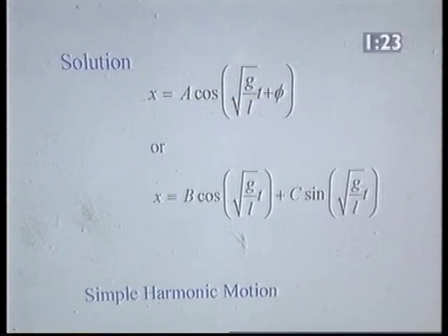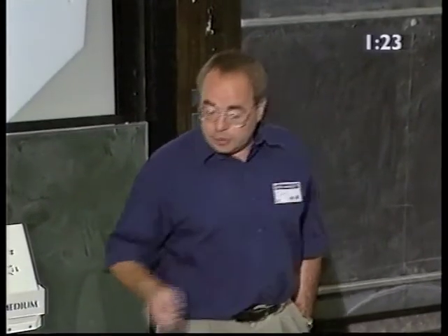There are two arbitrary constants in either, b and c in this one, and a and phi in this one, and they're determined by the initial conditions. But essentially, the mechanics tells us that we've got sinusoidal motion. So that's the motion of a simple pendulum.